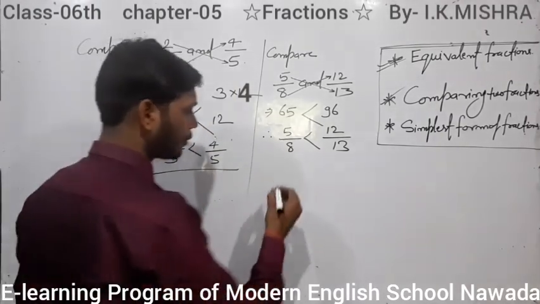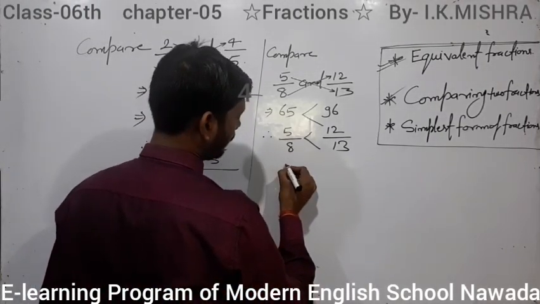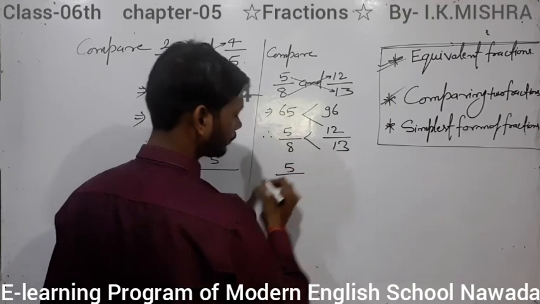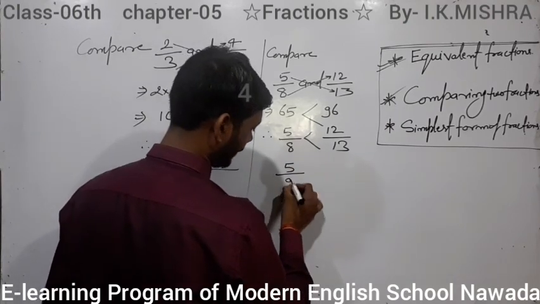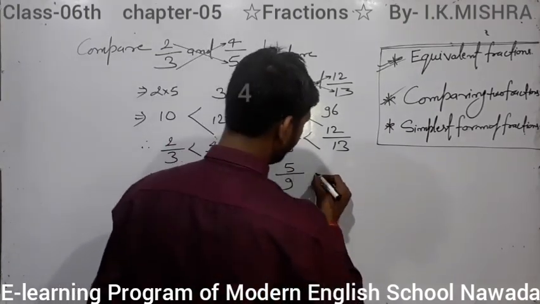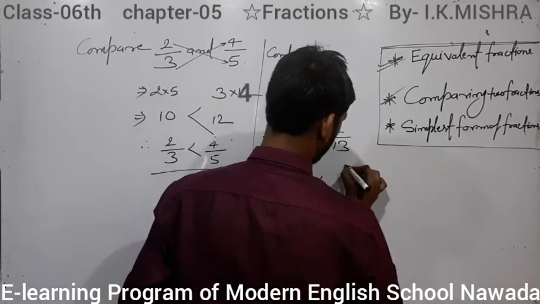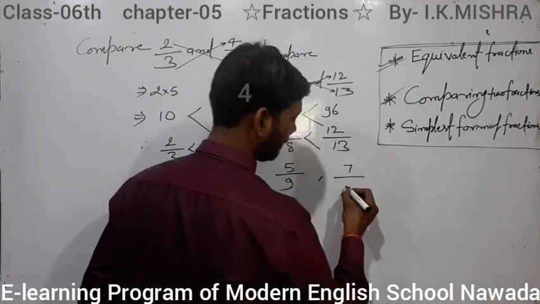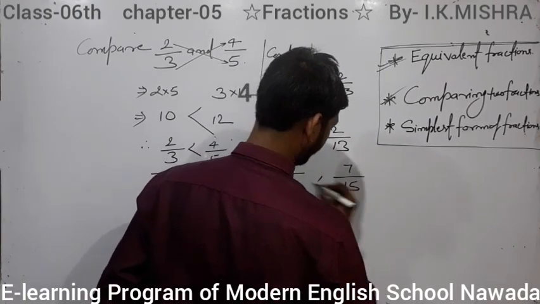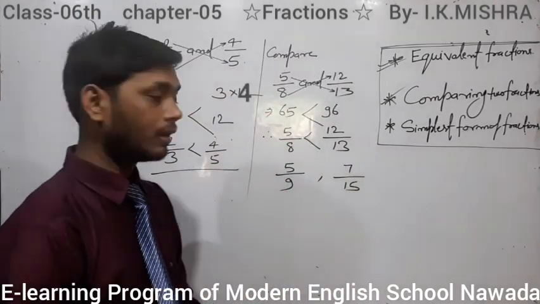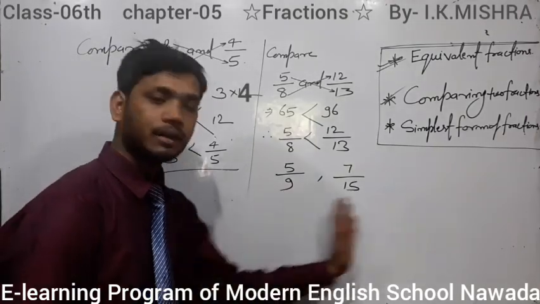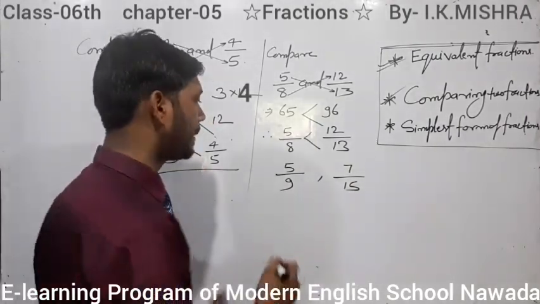Here students, suppose 5 by 9 and another 7 by 15. Students, here two fractions are given and you have to compare.